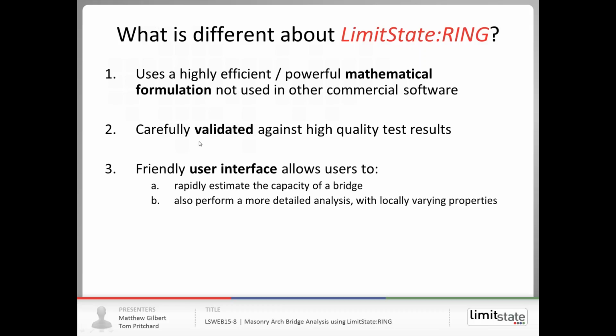We've spent a lot of time validating the software against test results. And lastly, as I touched upon before, we have a user interface which allows you to very quickly get an idea of the likely capacity of a bridge, or to carry out a more detailed analysis using locally varying properties.